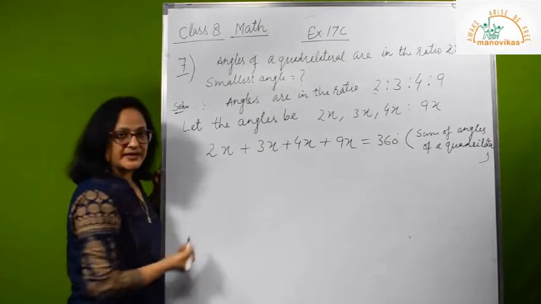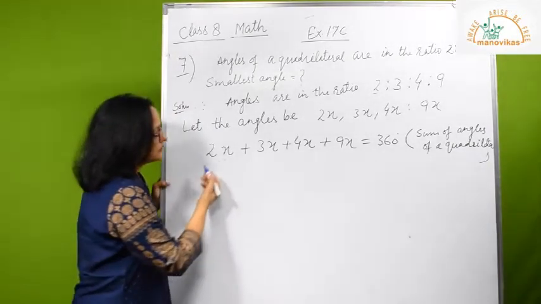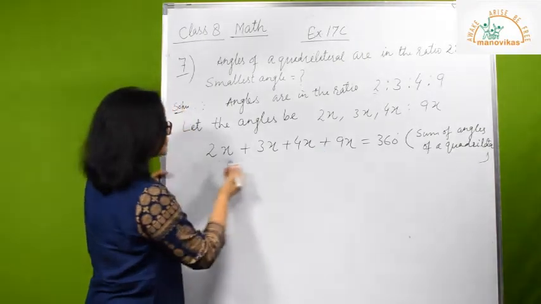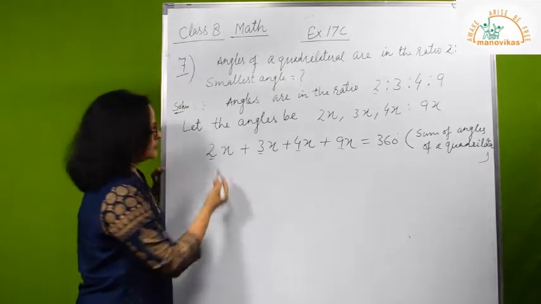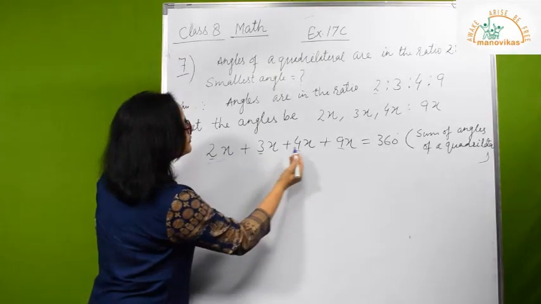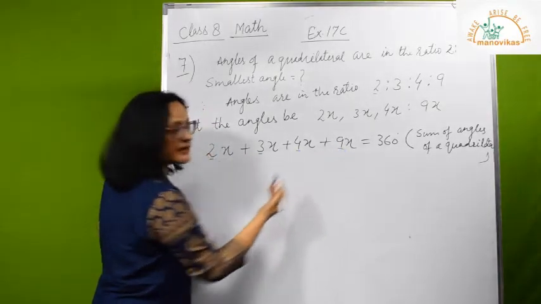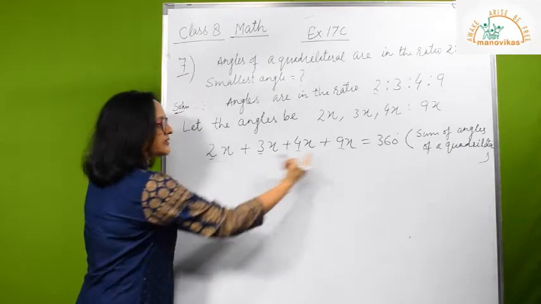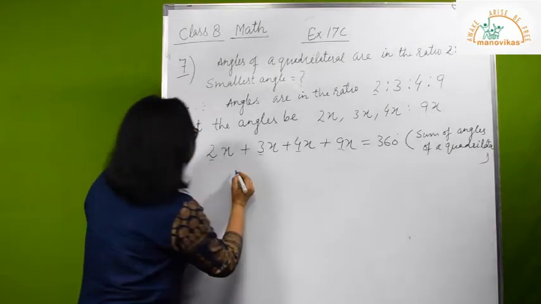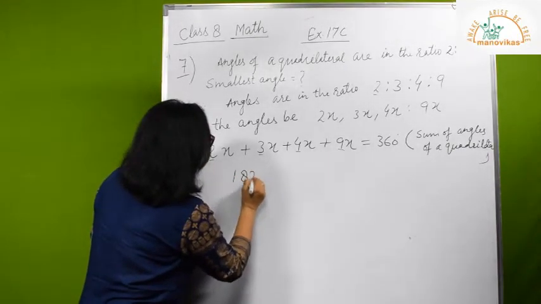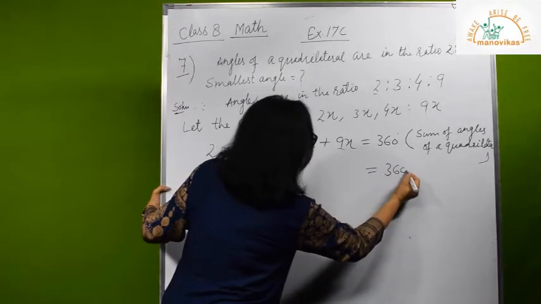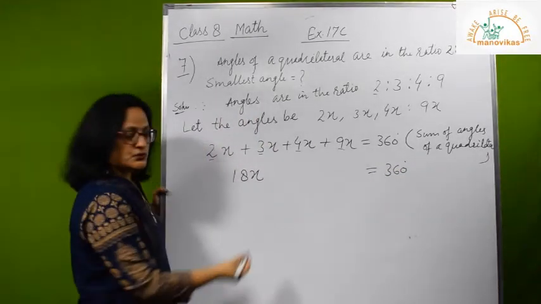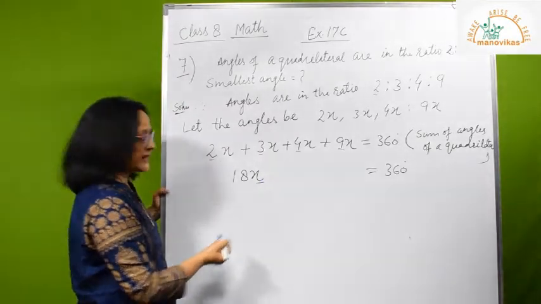Now this is a simple linear equation. How do we solve it? Same variable, so add the coefficients of the variables. So 2 plus 3, 5 plus 4, 9 plus 9, 18. So all together these are 18x. 18x is equal to 360 degree. So we have to find the value of x.